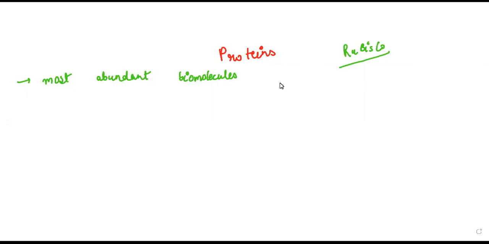Proteins can be as large as 27,000 amino acid residues, and as small as only two amino acid residues. The example is aspartame.